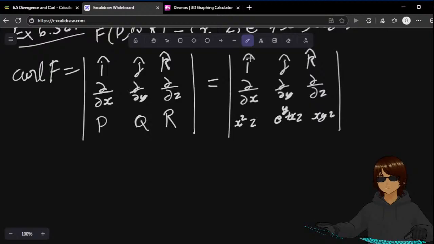Let's see. So for i, we have these two. So this derivative with respect to y, we have xz, minus this derivative with respect to z, we have just x. Yeah, write it as a vector.